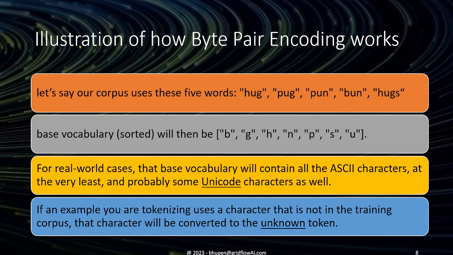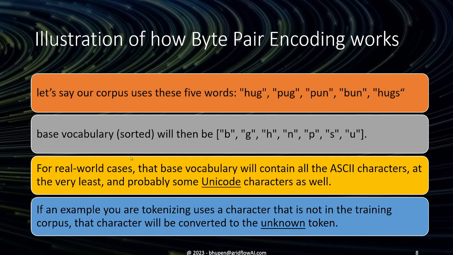Just as a simple example for illustrating, let's say the corpus consists of these words. What we're going to do is extract the individual alphabets from these words and sort them, for example, here B, G, H, and P. So this is my initial set of tokens.